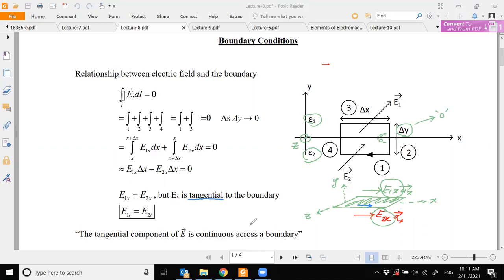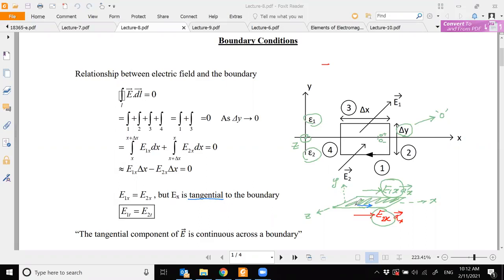Tangential and normal is with respect to the plane, and perpendicular is usually with respect to a line. With respect to a plane, tangential components are those which reside in the plane, and the component which is perpendicular to the plane is called normal to the plane.